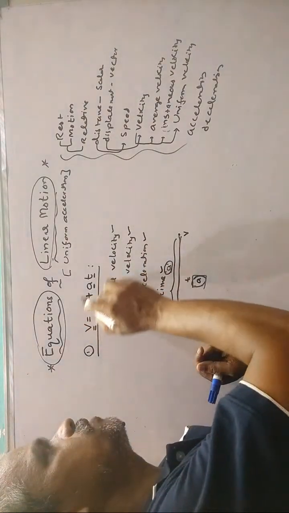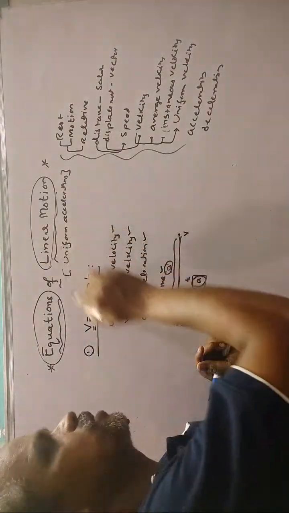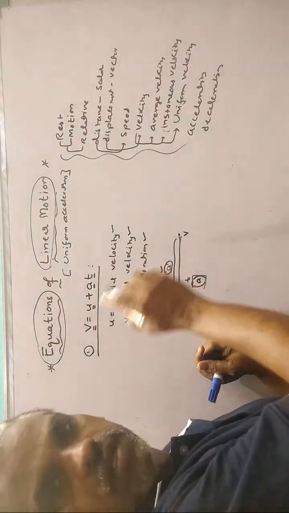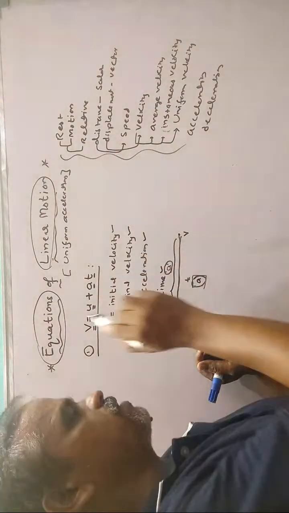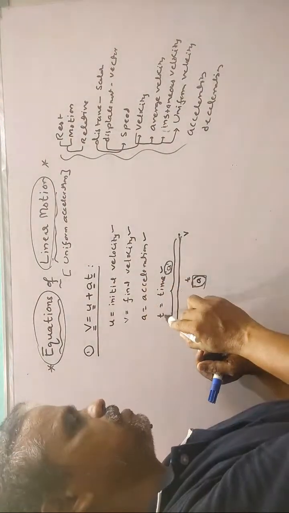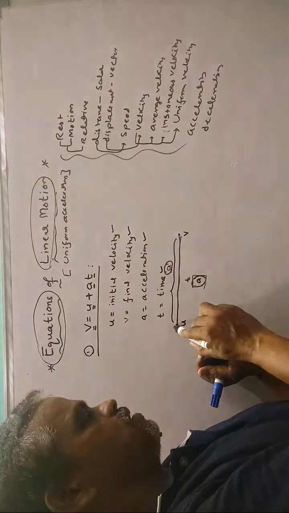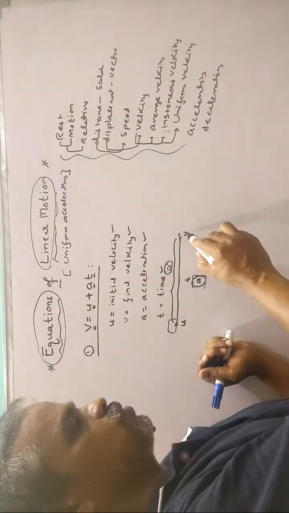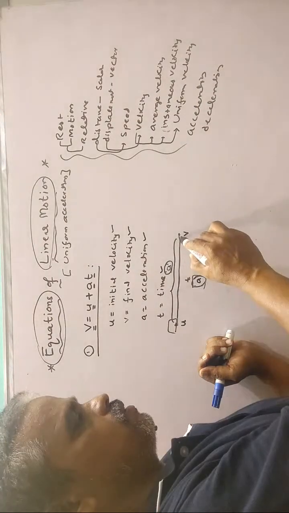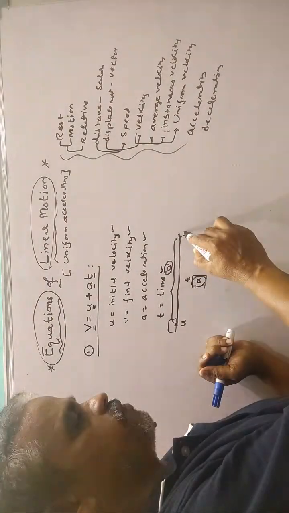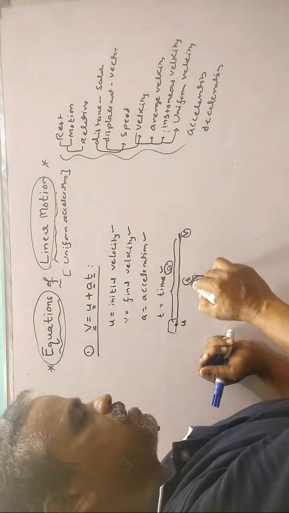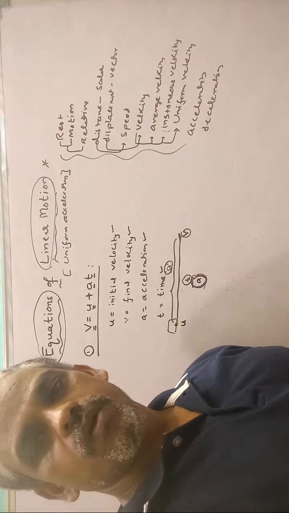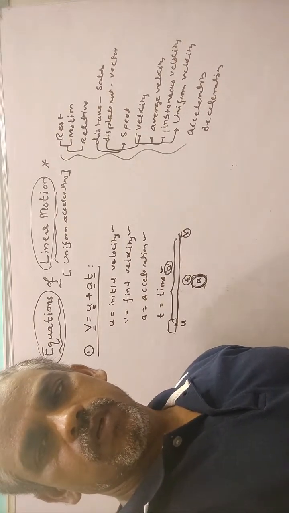This is kinematic equation 1 of linear motion: v equal to u plus at. u is initial velocity, v is final velocity, a is acceleration, t is time. In the picture, the body starts with initial velocity and goes to the last point with final velocity v, taking time t, accelerated with uniform acceleration a.